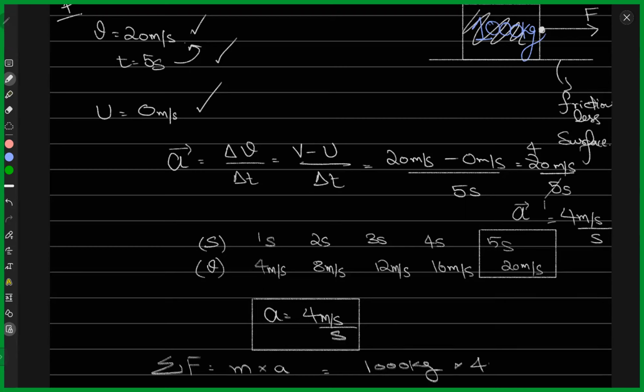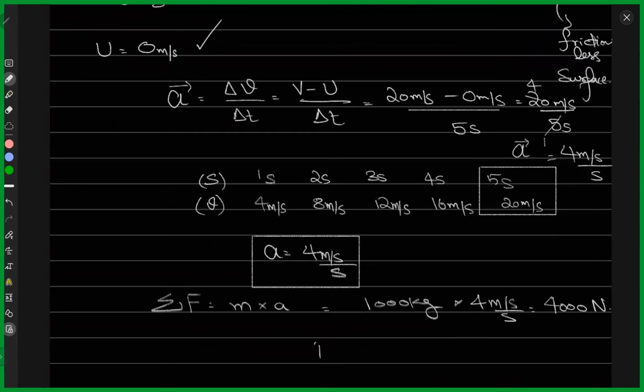Acceleration we found out to be 4 meters per second squared, and this gives you 4,000. You can write it as kilograms meter per second squared or just newtons, right? It's a force. All right, so the math is done. The math is simple. It is telling you that the force F is equal to 4,000 newtons.